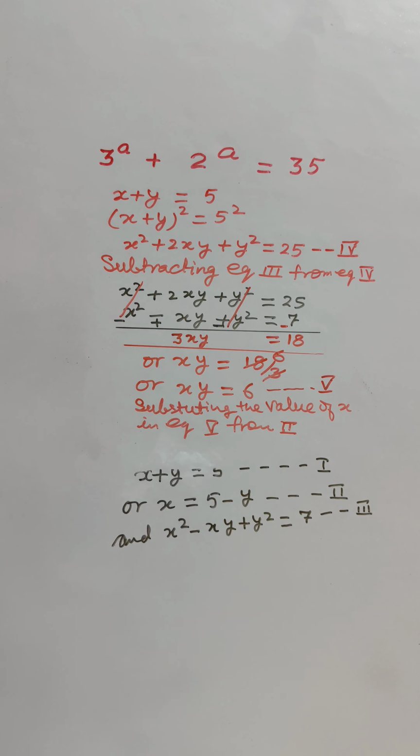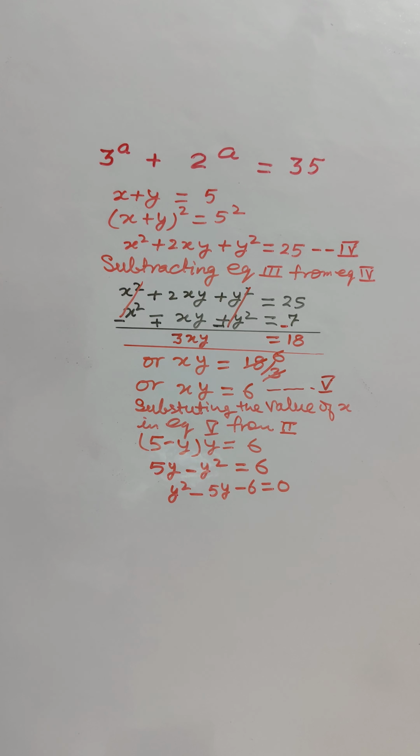This equation can be written as y square minus 5y plus 6 is equal to 0. By splitting the middle term, we can get the value of y.